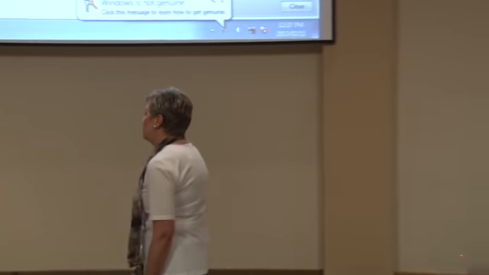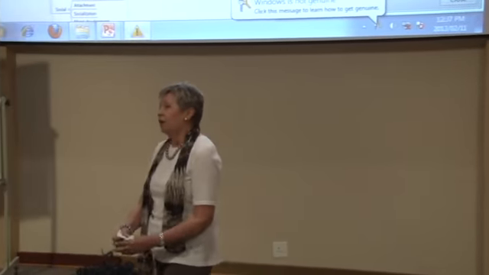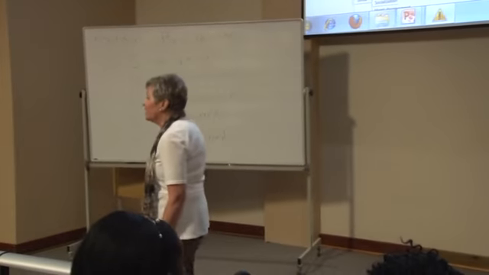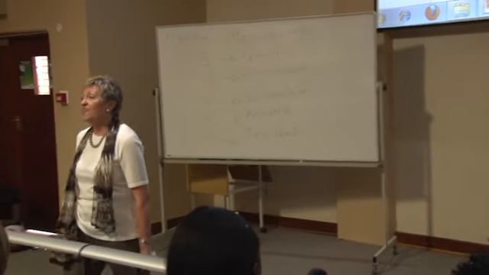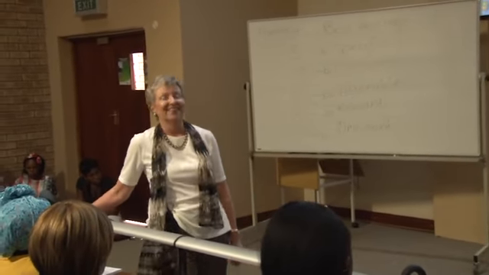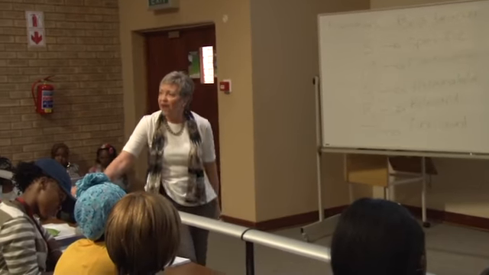So, what do we do with our cognition? In the first place, our cognitive development refers to how we gather information. And how do we gather information? By means of our senses. How many senses do we have? 5. Thank you. So those are your ways of gathering information.